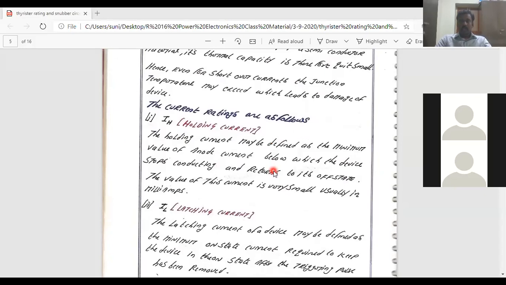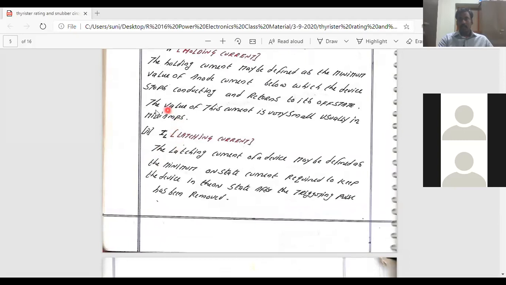As you know, the holding current is the minimum anode current across the SCR below which the device stops conducting and returns to its off state, the blocking state, when its value falls below that.